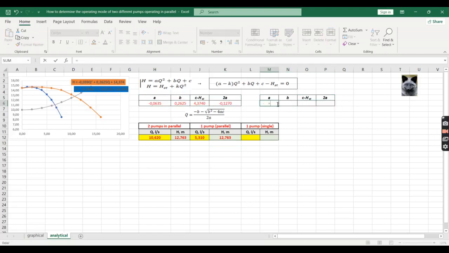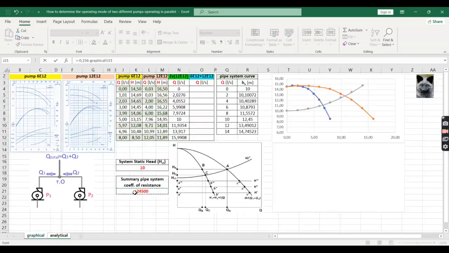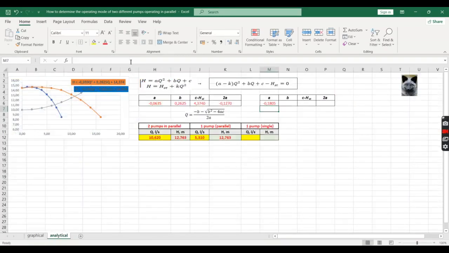So for A, we're gonna have minus, I'll take it from here, 0.156 minus the value of the coefficient K. Don't forget to divide by 1 million. Okay, now for B, I have 0.5251.